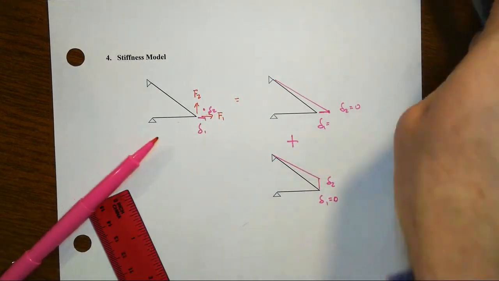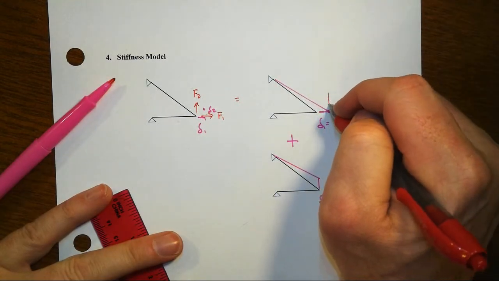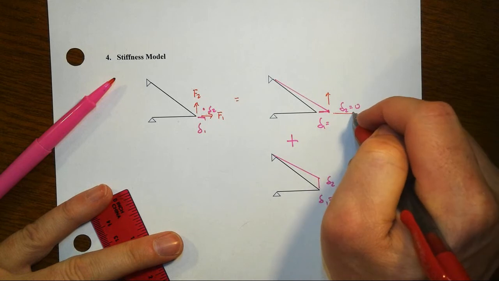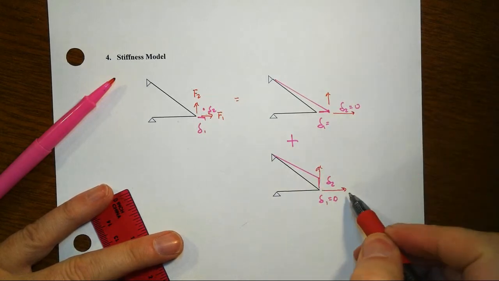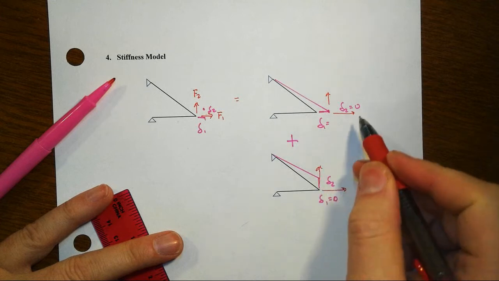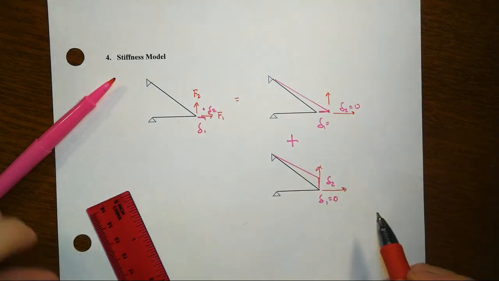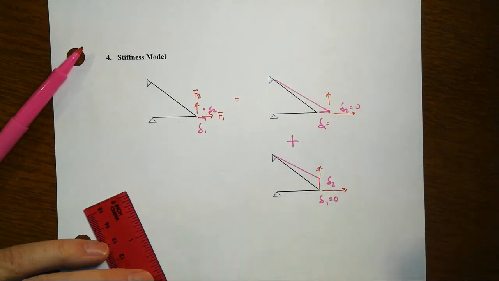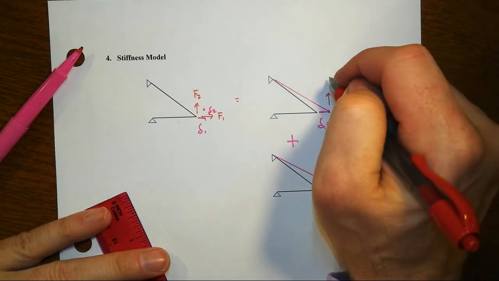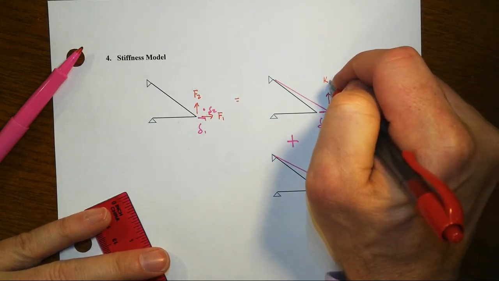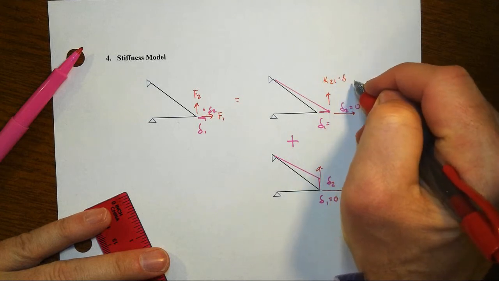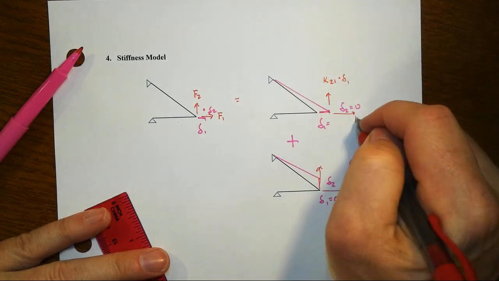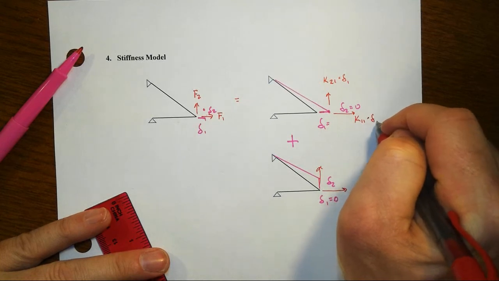And that will require a set of forces here to make that happen. And the set of forces that combine here have to end up equaling F2 and F1. So this would be the force at 2 caused by the unit load at 1 times the actual displacement at 1. This would be K11 times delta 1.